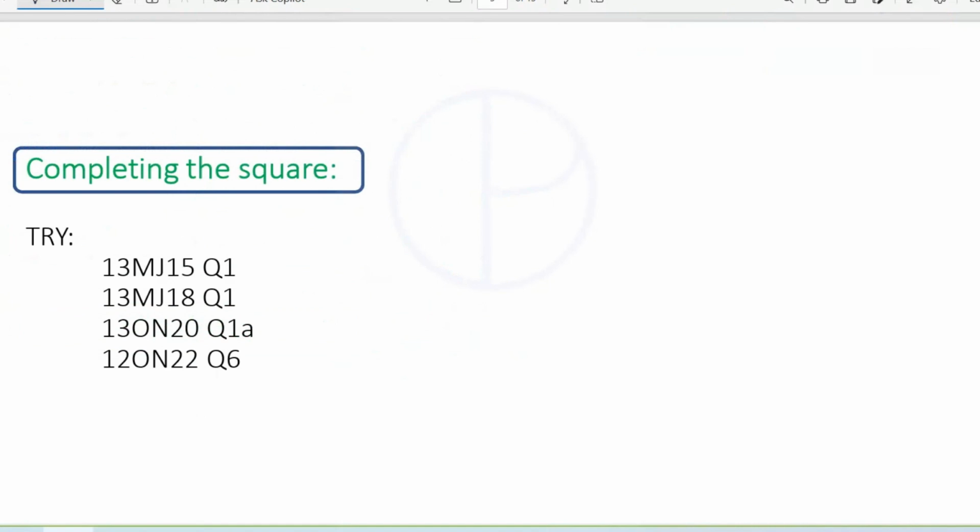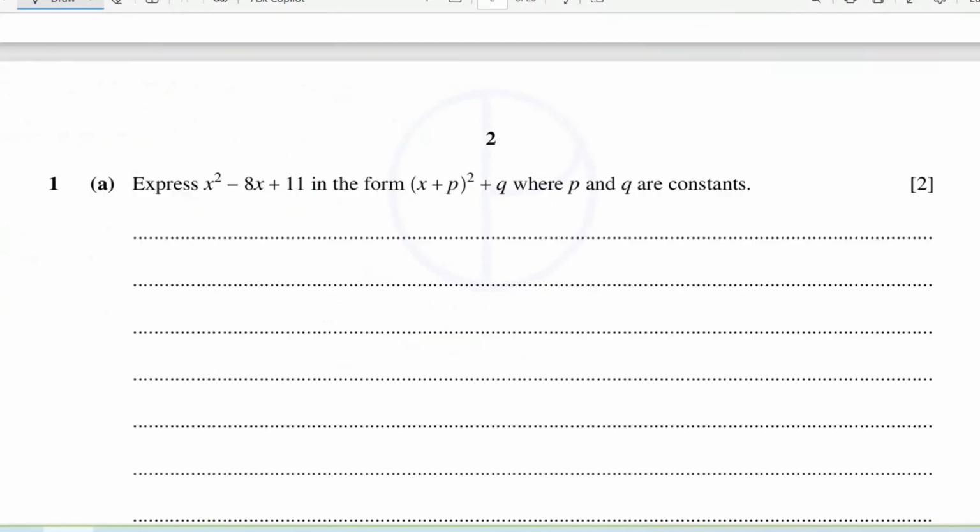So these are some of the completing the square questions from the recent past papers. You try these questions. Let's do one more question, and this is from the paper 11 MJ 22. Express x square minus 8x plus 11 in the form x plus p the whole square plus q, where p and q are constants.